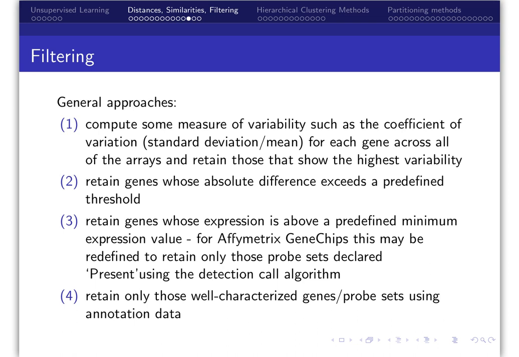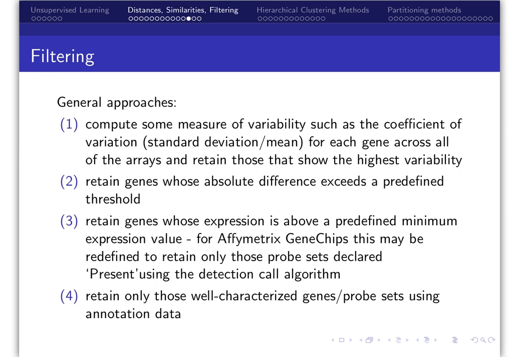Following pre-processing steps, the resulting background-adjusted normalized data must be examined to identify which genes are most likely to yield insight into the biological processes being evaluated. There are general approaches for identifying such uninformative genes, such as computing some measure of variability, such as the coefficient of variation, which is the standard deviation divided by the mean, for each gene across all arrays, and then retain those that show the highest variability.